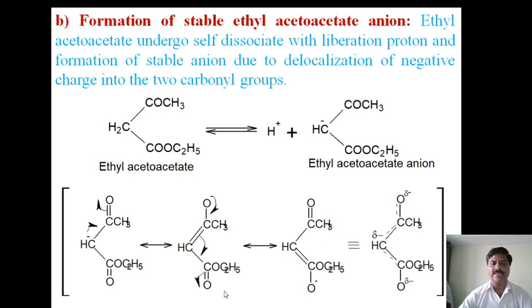Therefore, the electron density will flow from the carbon to this oxygen, then this carbon, oxygen, and this carbon atom, and this oxygen. From the two strong electron withdrawing groups and the methylene group, the electron density will be flowing, and hence it is called more acidic in nature.